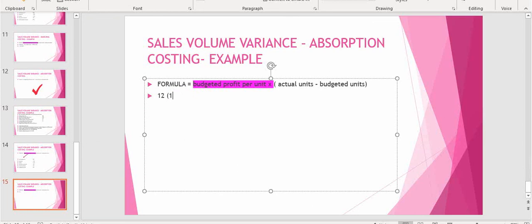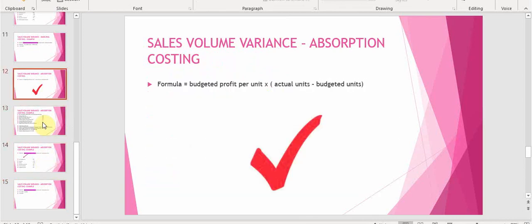I'm going to say 12,000 minus 10,000. And if I do that calculation, I get to an answer of 24,000 Rand. My answer is positive on my calculator, so therefore it is favorable.